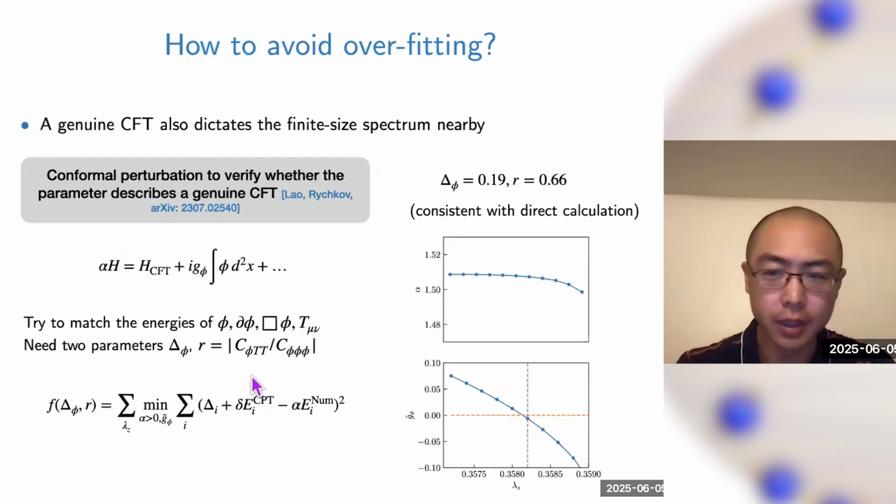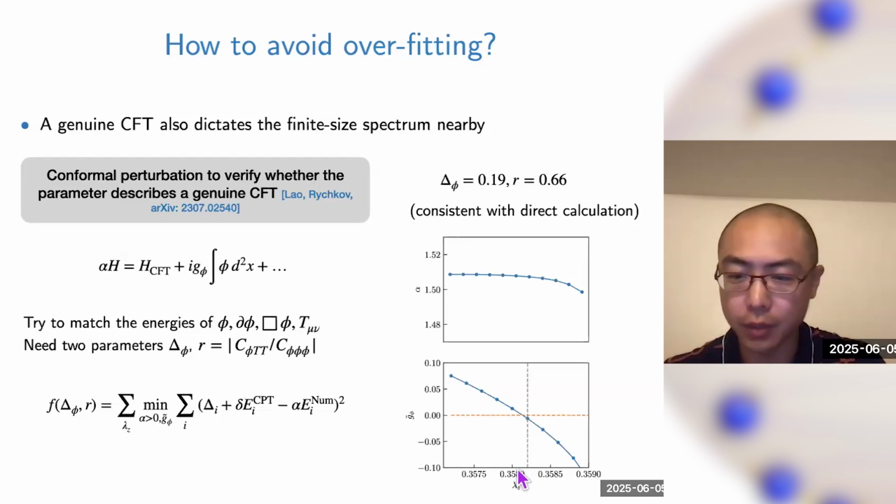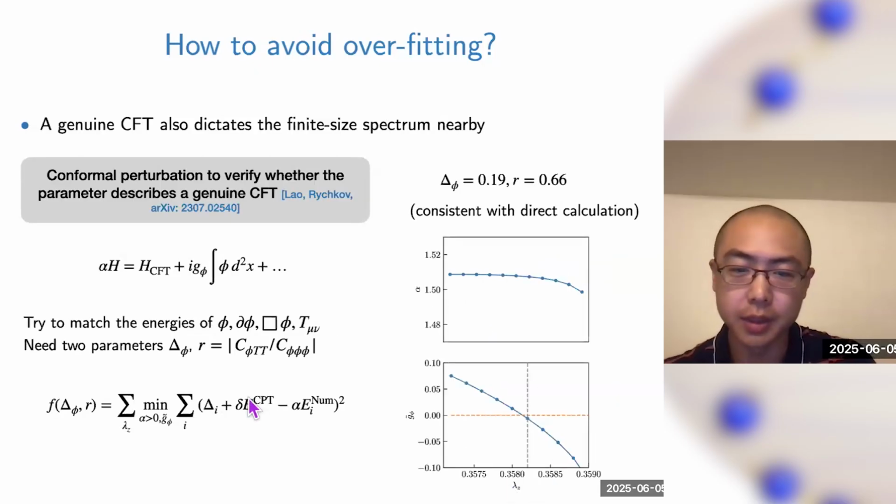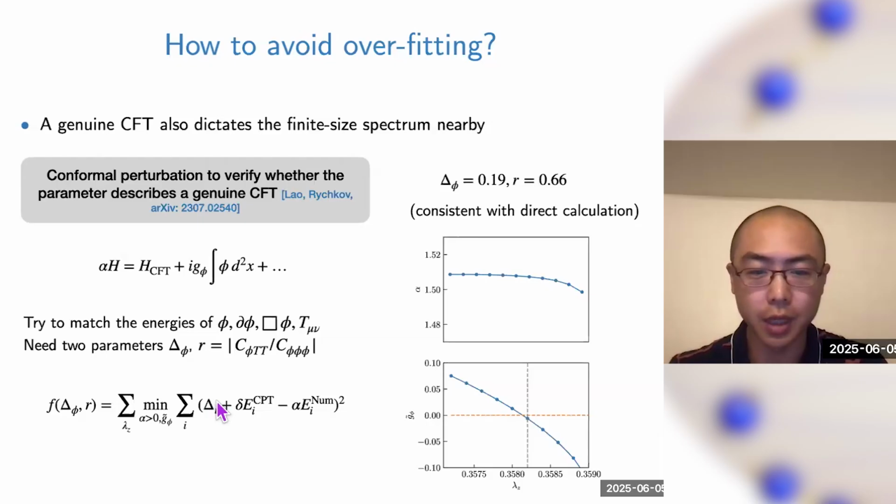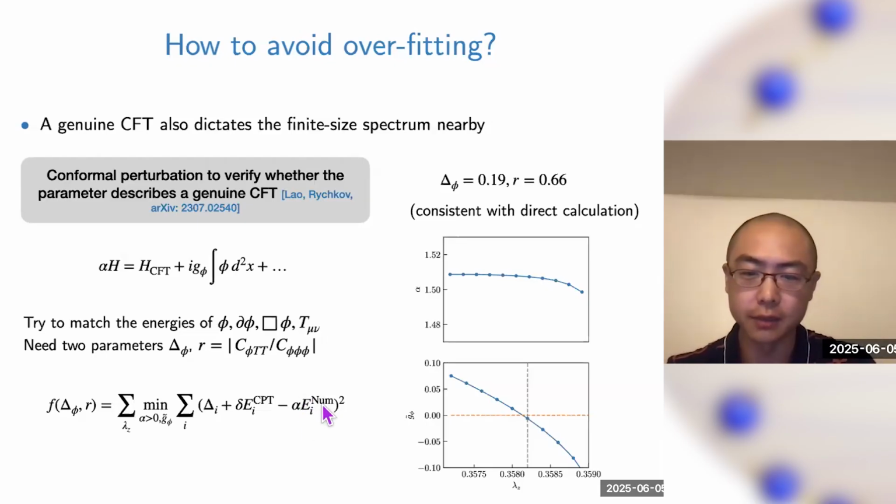So what we're going to do is that we tune our lambda_z a little bit, and given a lambda, we use our conformal perturbation to compute the energy, and then we also do exact diagonalization to get a set of numerical results of the energy.